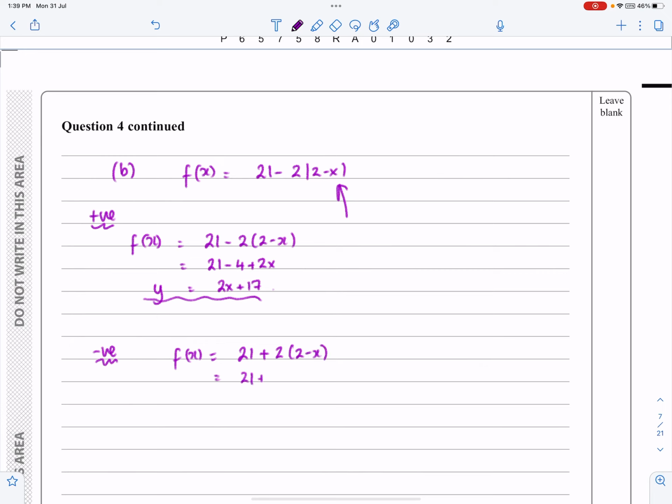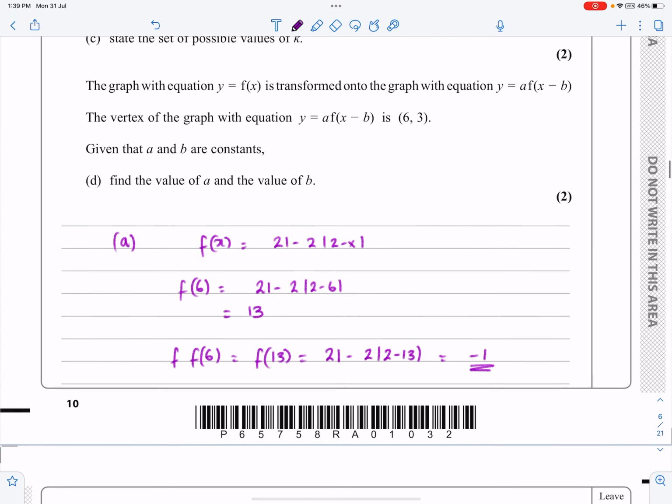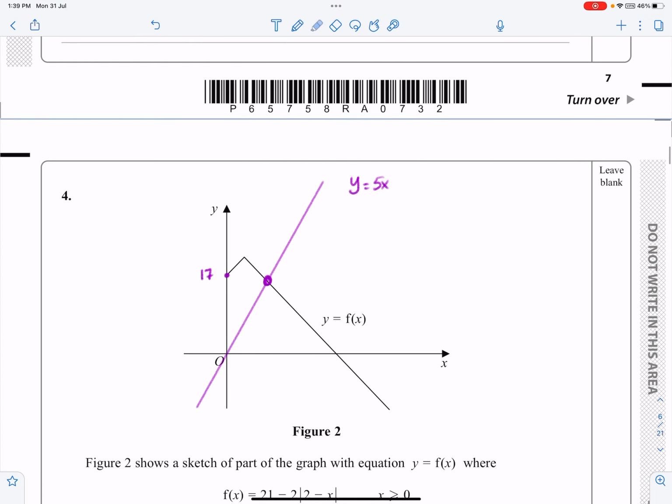That would give me 21 plus 4 take away 2x, which is 25 minus 2x, or rather minus 2x plus 25. We can see that is a negative gradient, and if that got extended up there, that would be 25. So that all fits in.